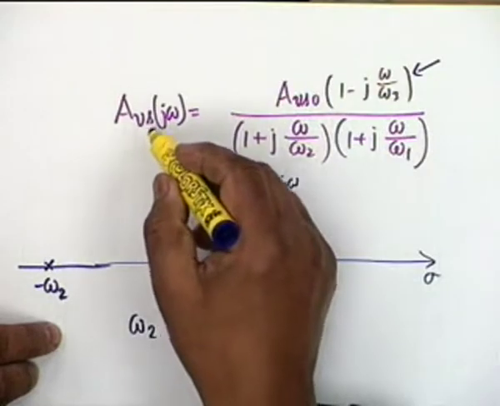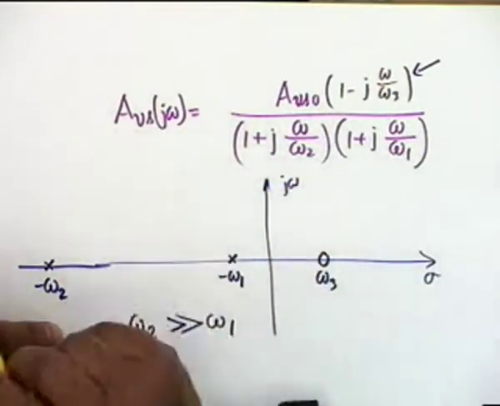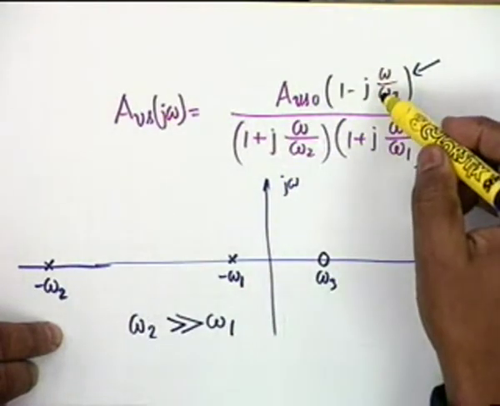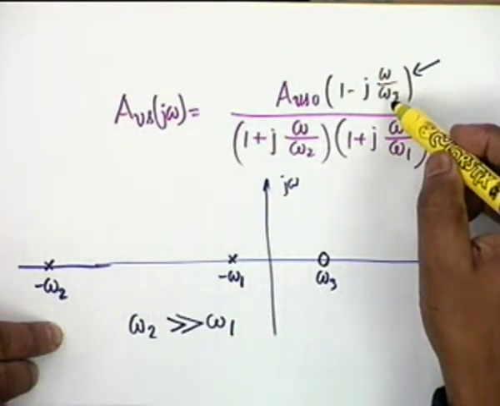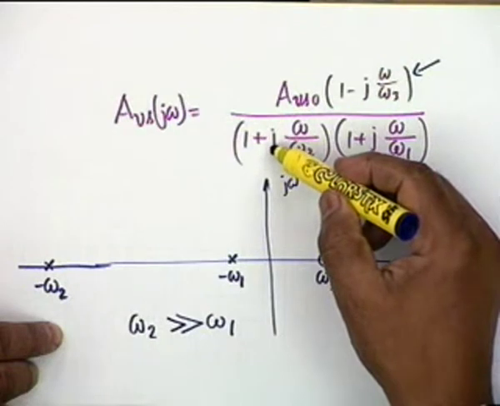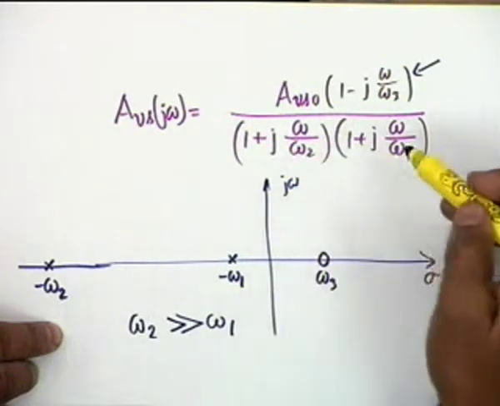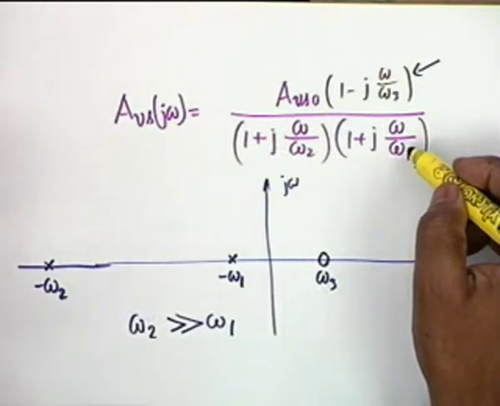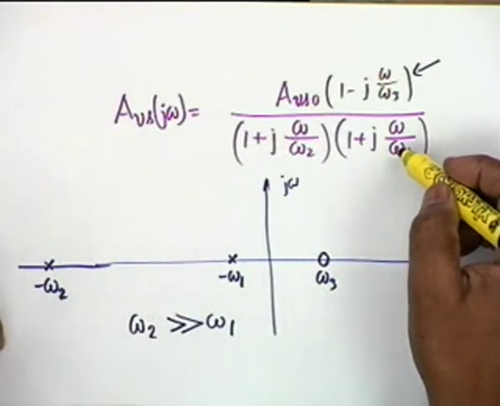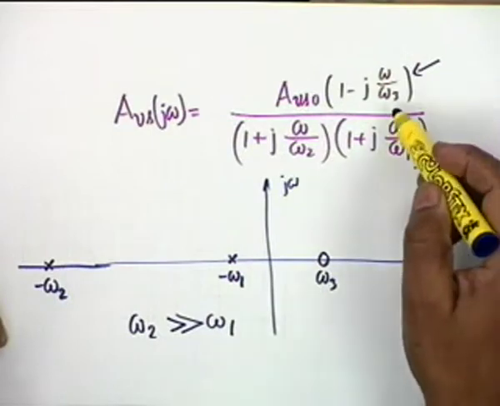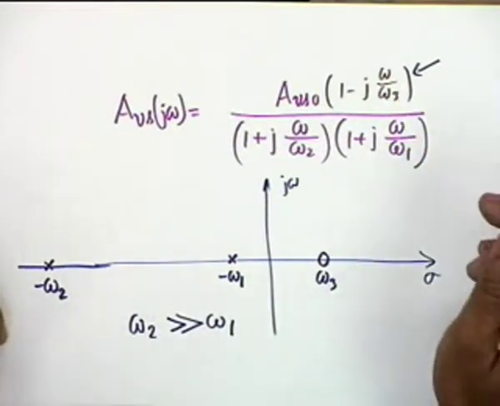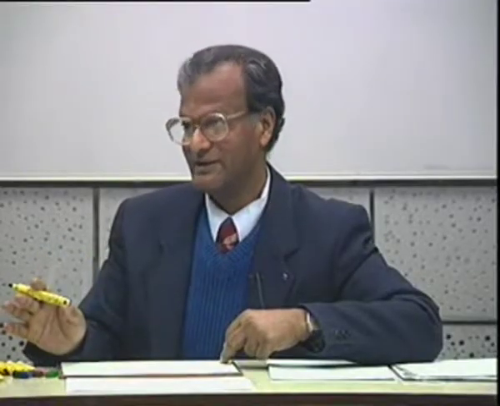If I find this as a function of small s, the Laplace variable, AVS of small s would be 1 minus s by omega 3 divided by 1 plus s by omega 2, 1 plus s by omega 1. So the poles are at s equal to minus omega 1, minus omega 2, and the zero will be at s equal to minus omega 3. I am sorry, s equal to plus omega 3.